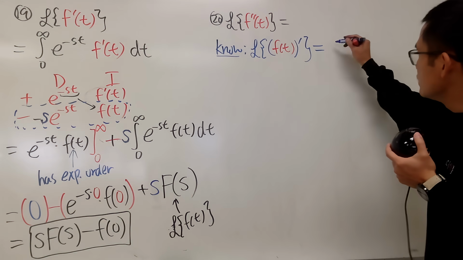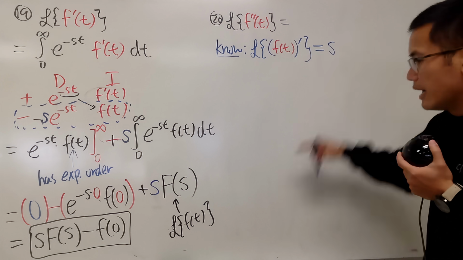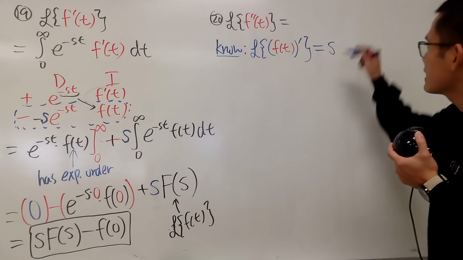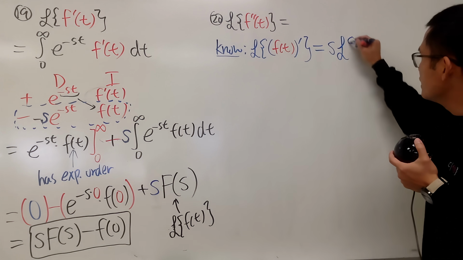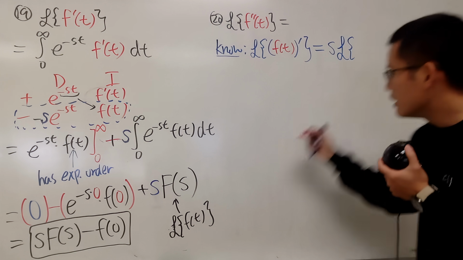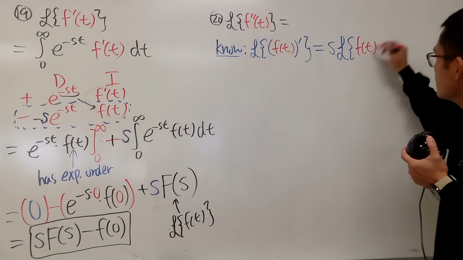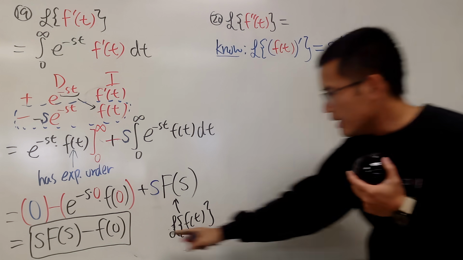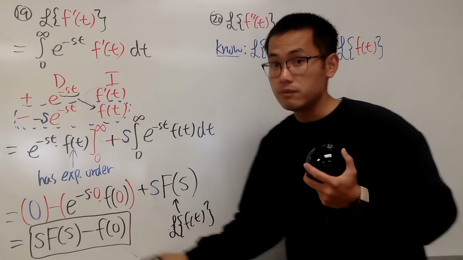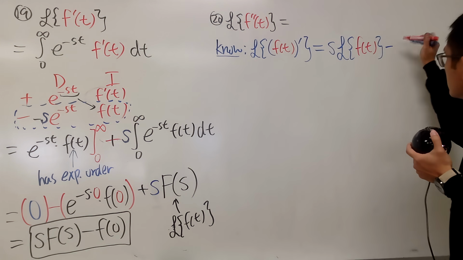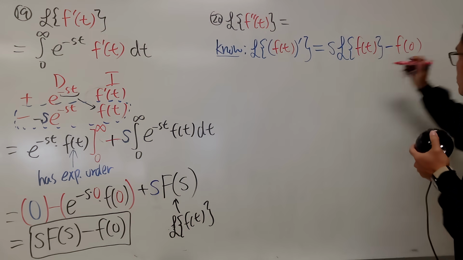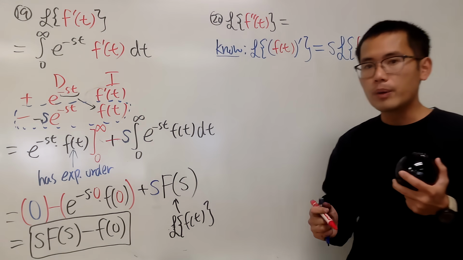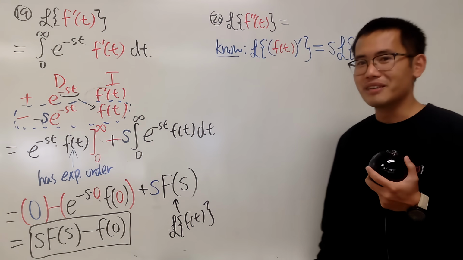Yeah? So this is equal to s in the front, and then F of s is the same as that, so that's why I purposely wrote it down over there. And then the input here is f of t, very cool. And then in the end here, we have minus little f of 0, just like this. This is what we know, and now let's make the best use of this.